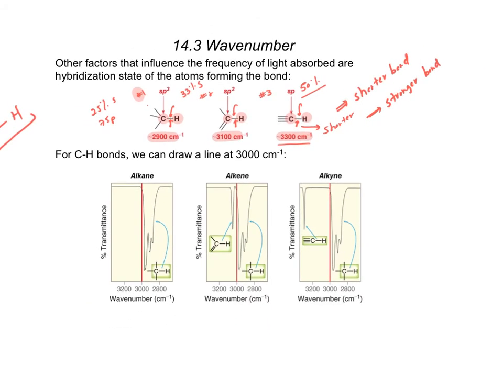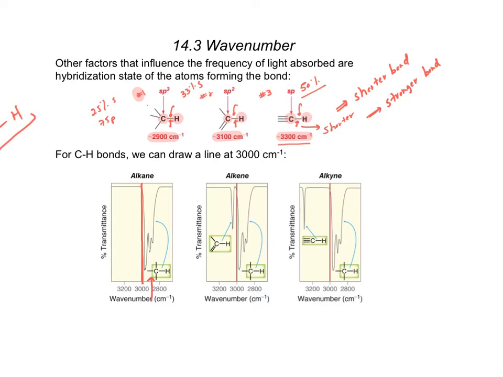Okay, so how are we going to utilize that? What I would always suggest is that you look in the diagnostic region at about 3,000 inverse centimeters, and you draw a line, okay? If everything is to the right of that line, what does it tell you that you don't have any of?